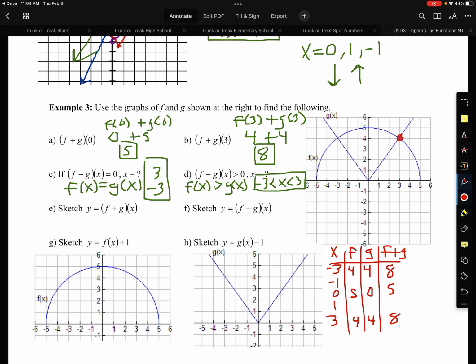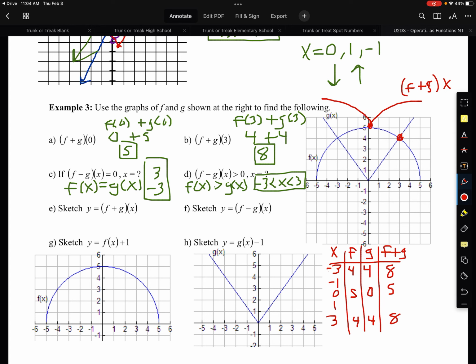That's where we top out, while over here, this is 0 plus whatever we got there. So I'd say our graph of the addition looks somewhat like this. I would say that is our F plus G of X added together.